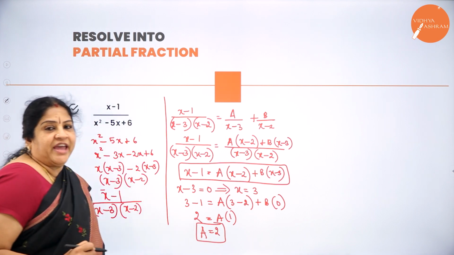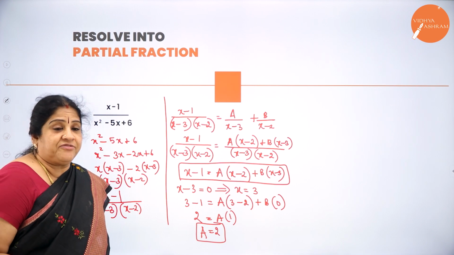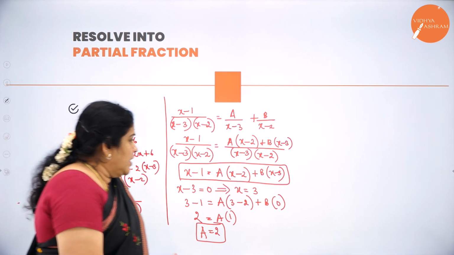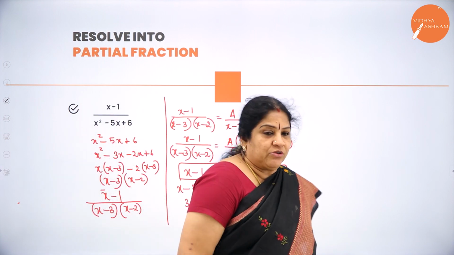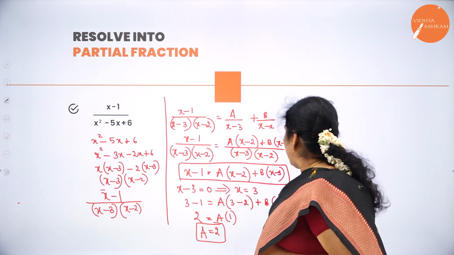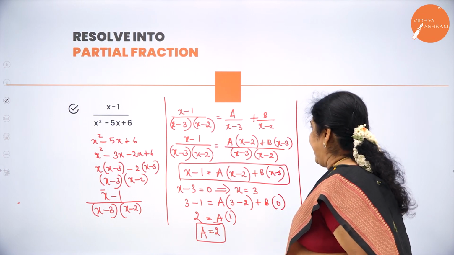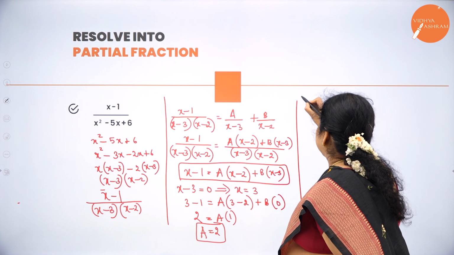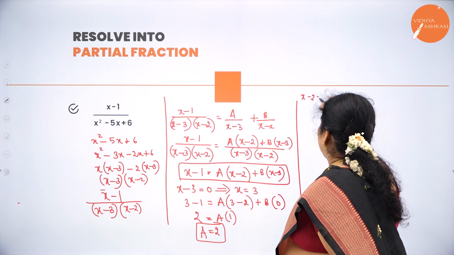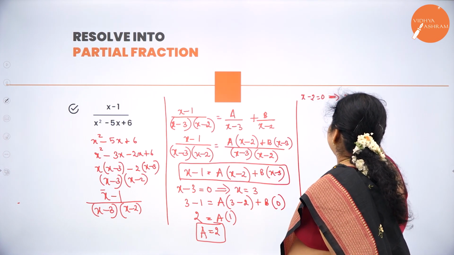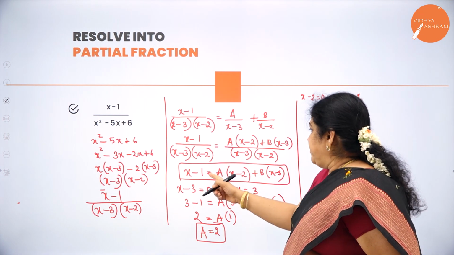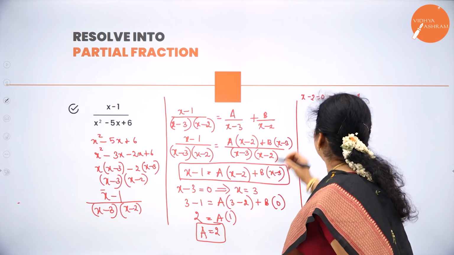See, these values of A and B can be fractions, negative fractions. So it can be any real number. Now, same way, we'll find out the value of B. So how do we do that? Same way, we take the other denominator, that is x minus 2 is equal to 0, which means x is equal to 2. Now we substitute this value in this expression.